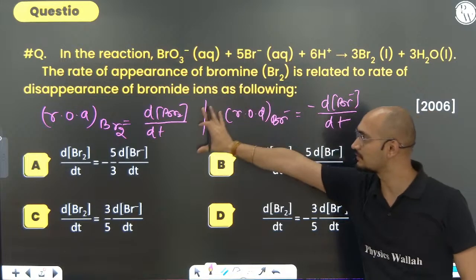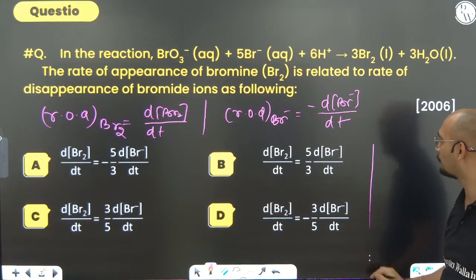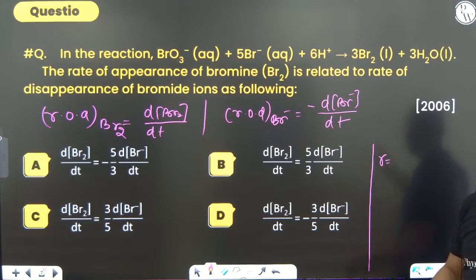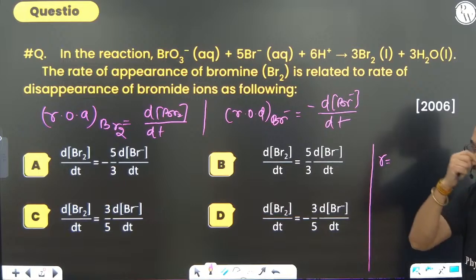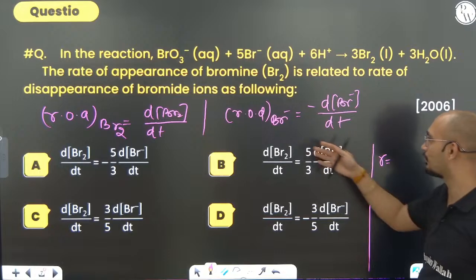Now we have to find their relationship. How do you find the relationship? I hope you all remember the rate of reaction, in which both were used with their stoichiometric coefficients. Use the stoichiometric coefficient for bromine.